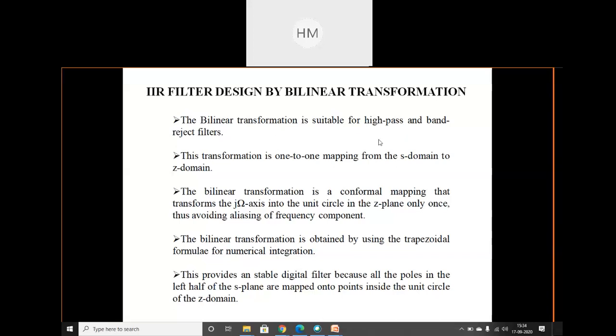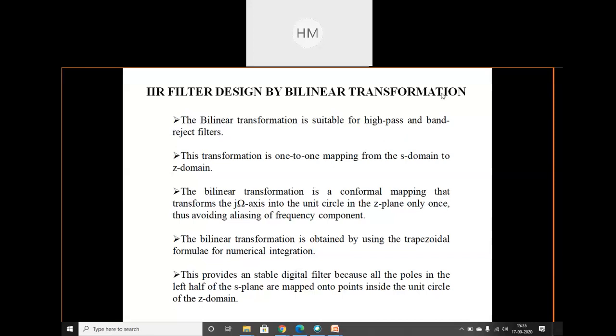The bilinear transformation is suitable for high pass and band reject filters, as the previous methods are available for the design of low pass and band pass filters, or those whose resonant frequencies are low, and those techniques were not suitable for high pass or band reject filters.